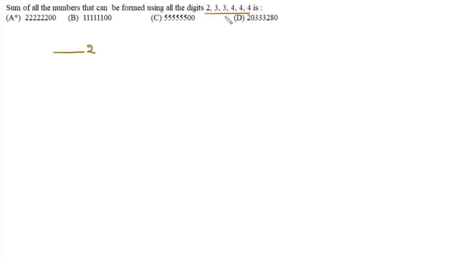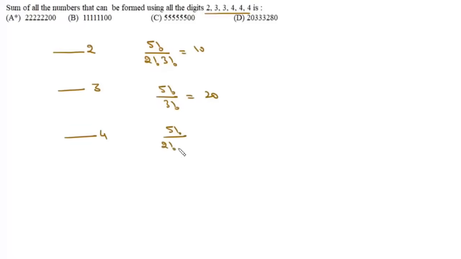If 2 is there, then the number of such numbers will be factorial 5 divided by factorial 2 factorial 3, which is simply 10. Now numbers ending with 3: here we'll have factorial 5 divided by factorial 3, that is 20. And numbers ending with 4 will be factorial 5 divided by factorial 2, and it will be 30.